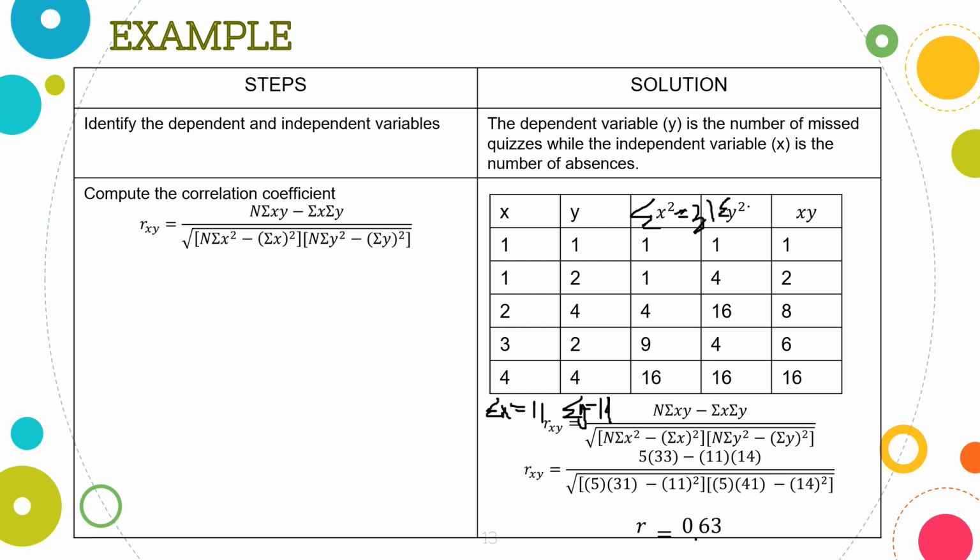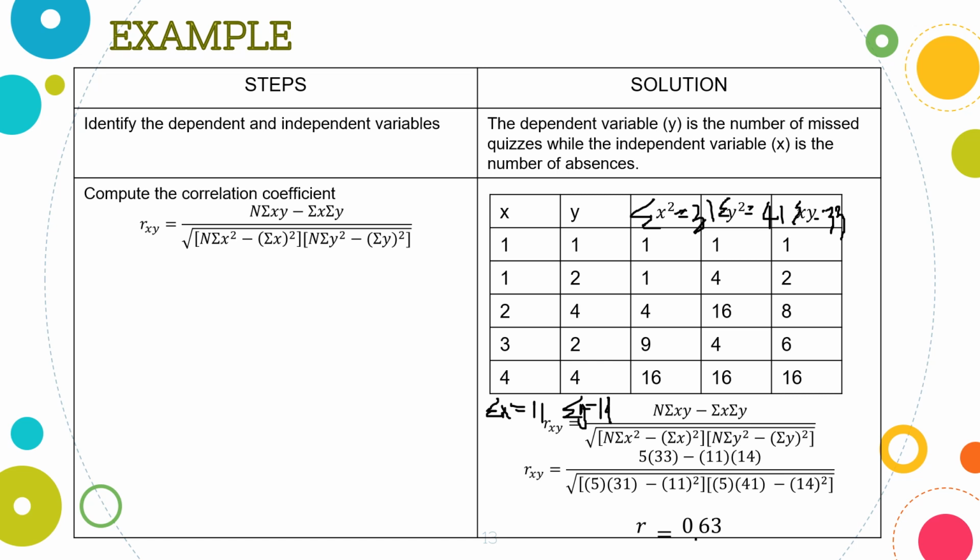Summation of y squared is 41. And the summation of xy is 33. Okay? So, we will now substitute the values we got into our formula.